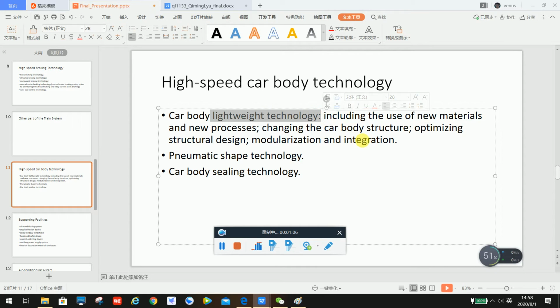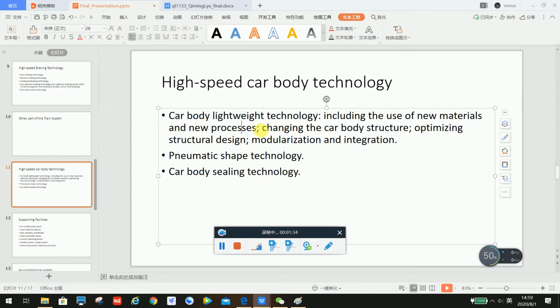So how can we make a lightweight car body to increase the speed? We can use some new materials, right? We can use some new processes. The new processes mean that in the factory we use some new engineering processes to make this body.